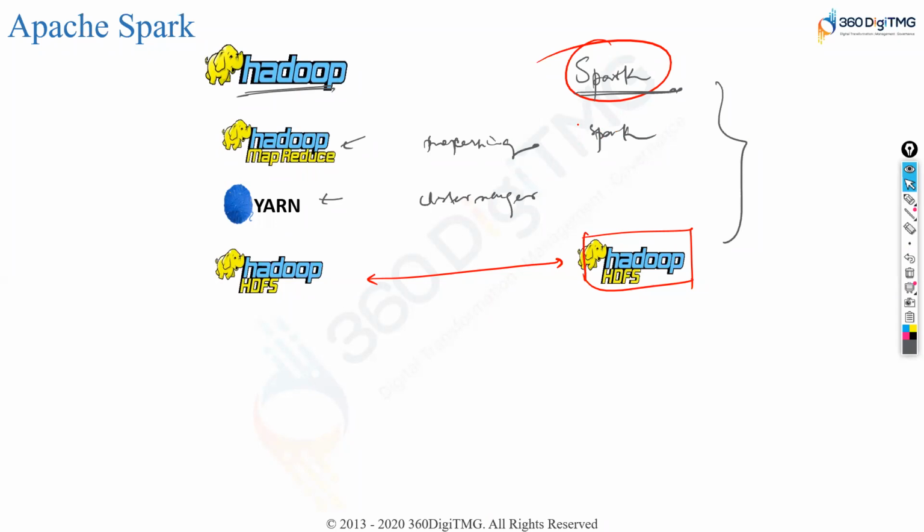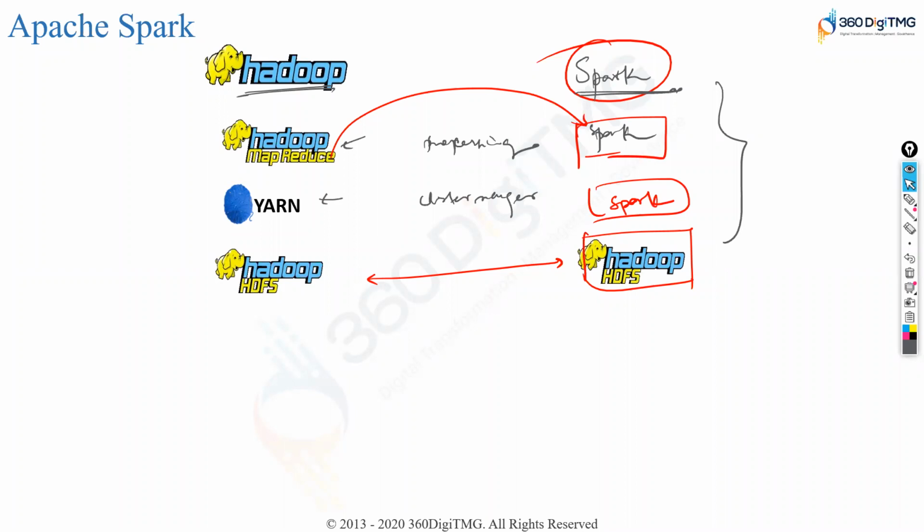So you can say safely that Apache Spark is only replacing the MapReduce framework of Hadoop, not the entire Hadoop, right? So we can basically take the full version here.